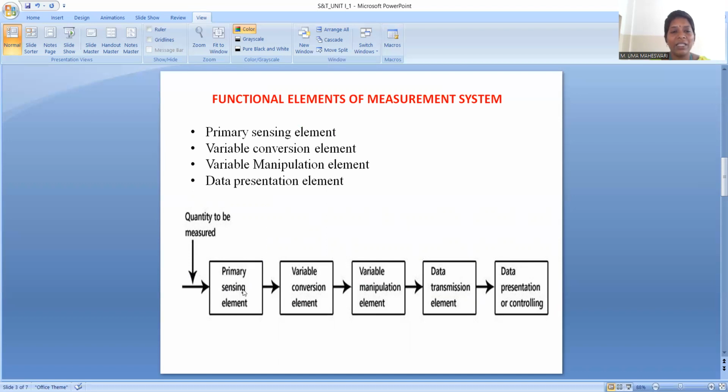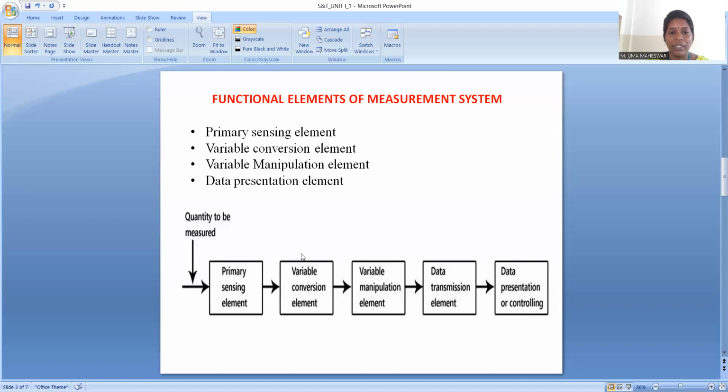This primary sensing element makes the first contact with the measurement system. Here, the primary sensing element is a transducer. This transducer converts one form of energy into another form. Here, it is converting the measurand into an analogous electrical signal.